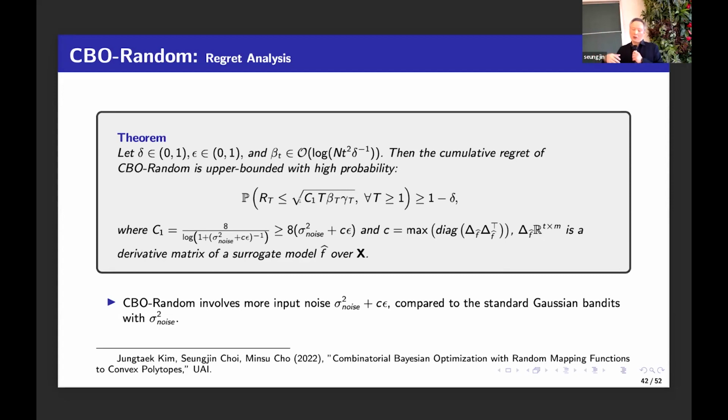Of course, compared with the original GP-UCB, the bound is a little bit bigger because we do the epsilon-isometry embedding. But we still manage sublinear growth of the cumulative regret, so that we are able to find the global maximum of our original problems, even in the combinatorial space.